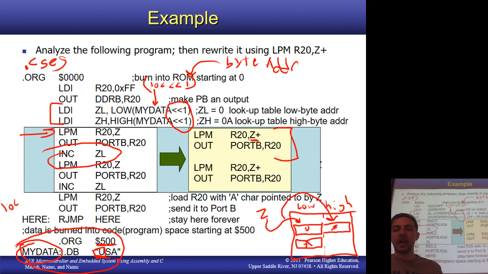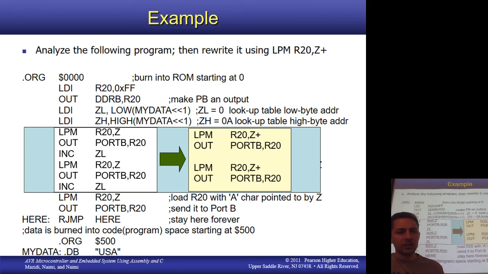Now it's pointing to the S. So the second time we load it up, it's going to grab the S. Finally, there's one more LPM here. The last LPM doesn't do an increment because the second one does auto increment, points to the A. So overall, this is going to output U, S, A.